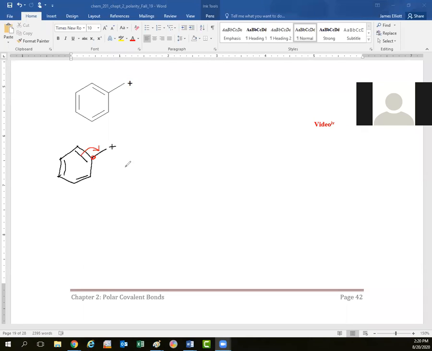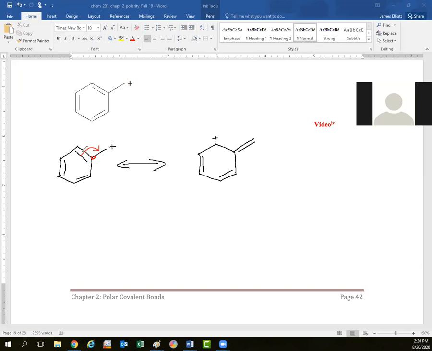So as we draw the second resonance structure, that's the only change in the molecule, the position of the pi bond. And so with this bond pulls away from this carbon, that becomes the carbon with the positive charge.